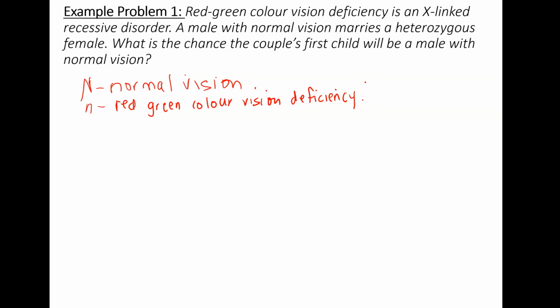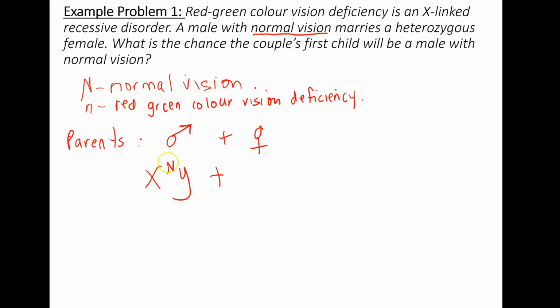Now we have to find out what the parents' genotypes are. A male with normal vision. This is the symbol for a male, and this is the symbol for a female. The male parent is an X and Y, represented by an X and Y chromosome, and he has normal vision.